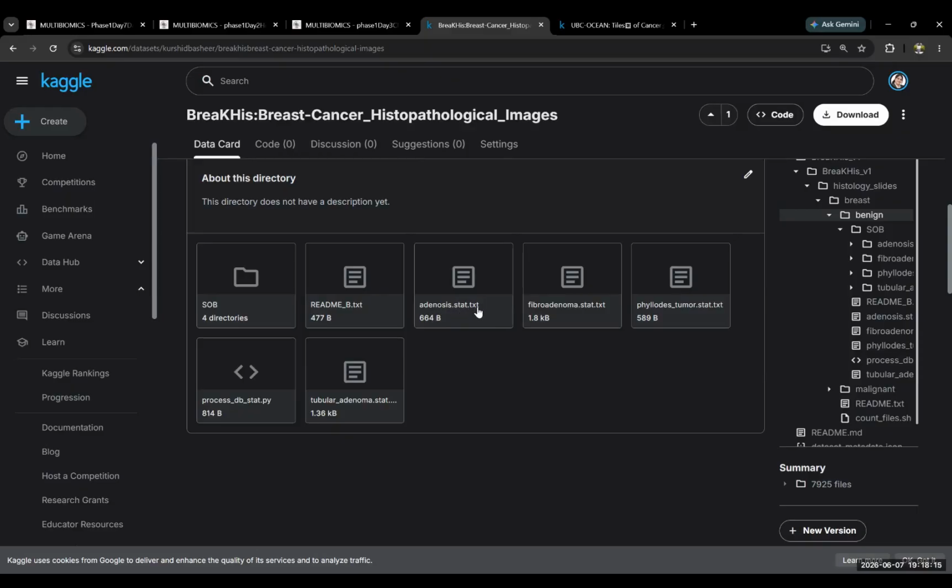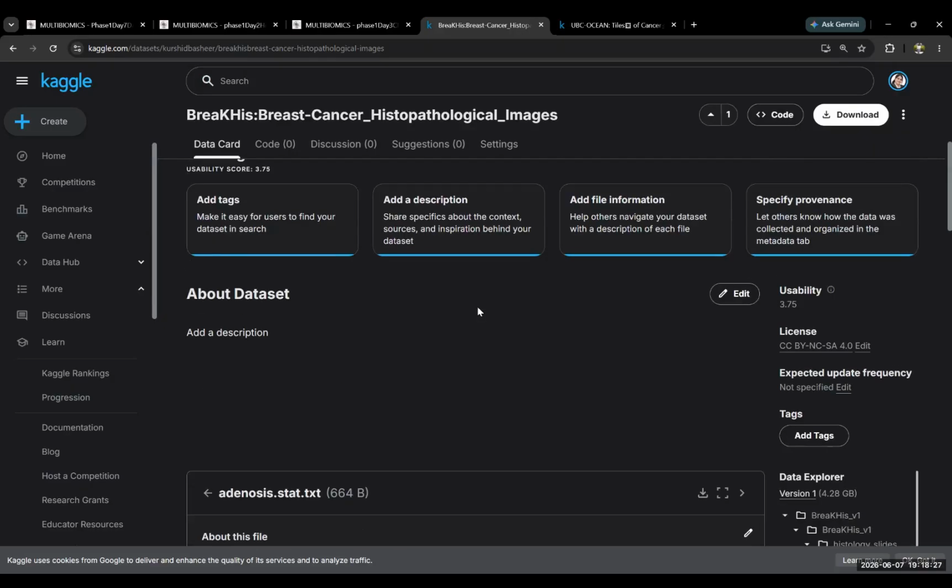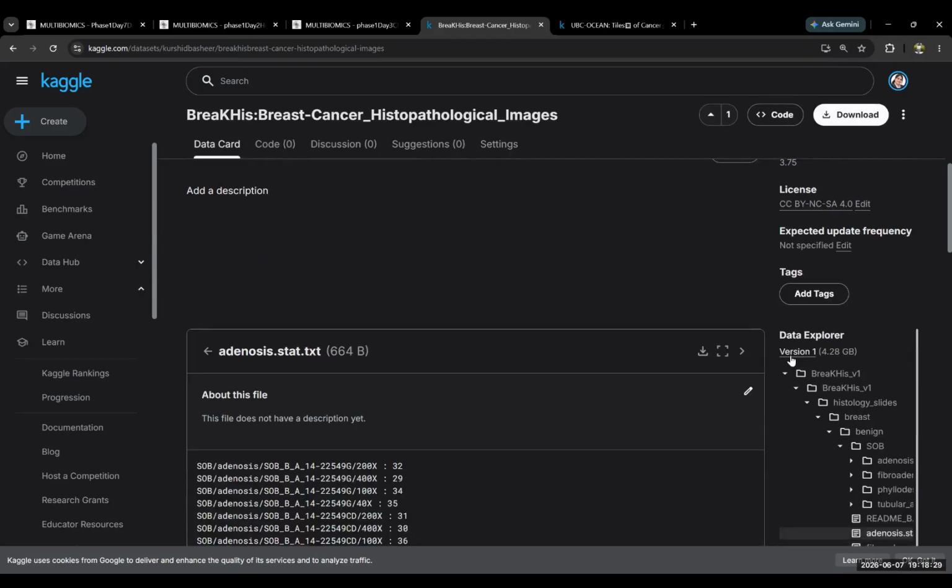So do you think that these files will be important, or you just need to give the image file and that is enough for us? What do you think? Do we need these text files, or is just giving images to the CNN enough? What do you think?